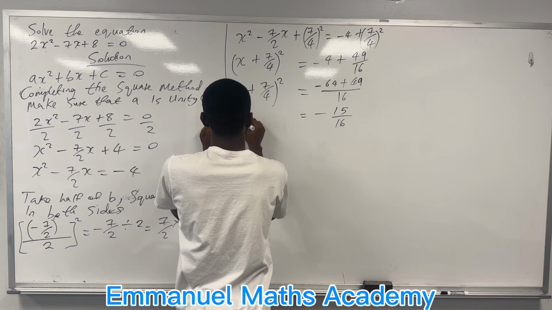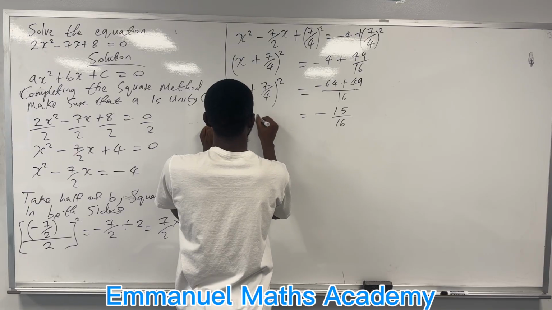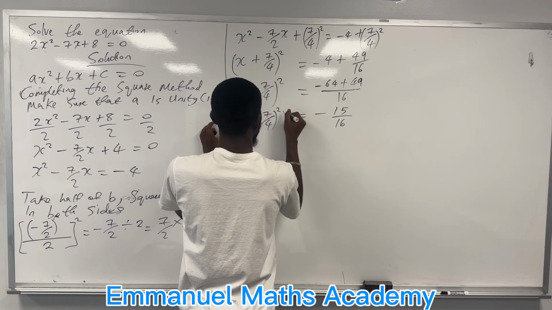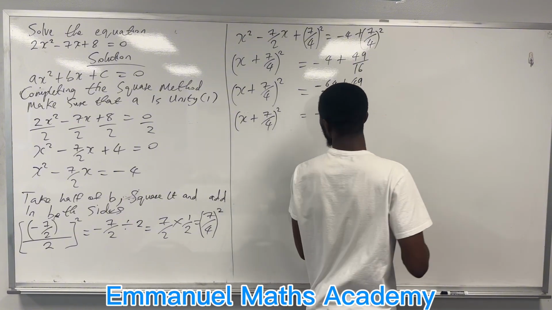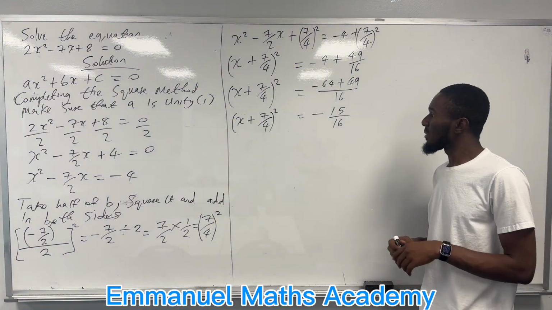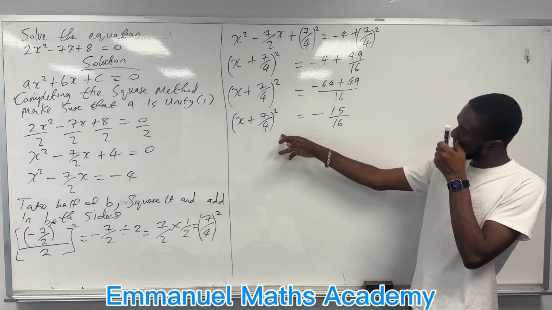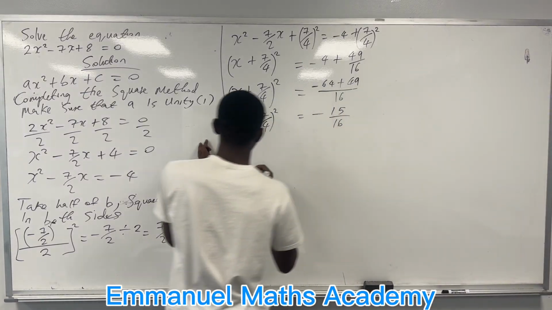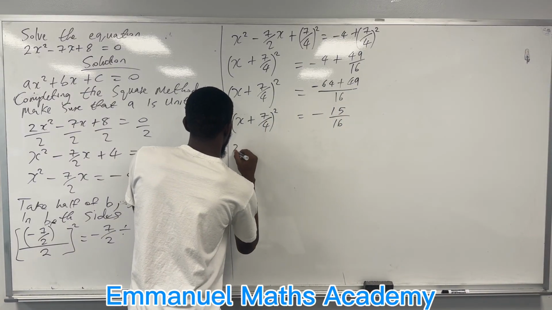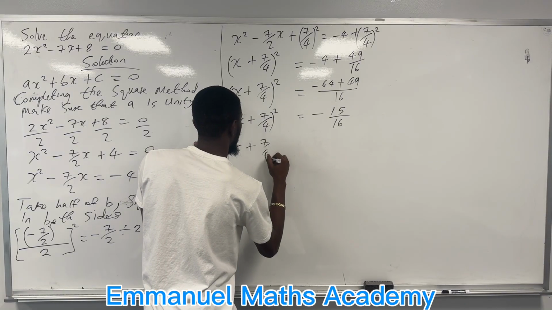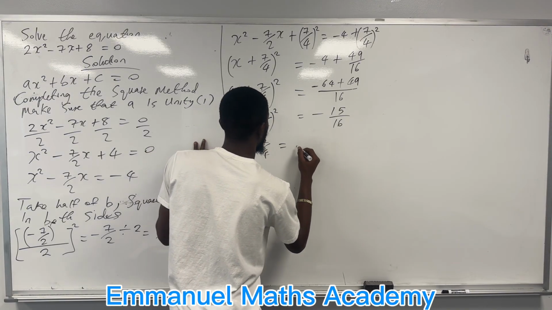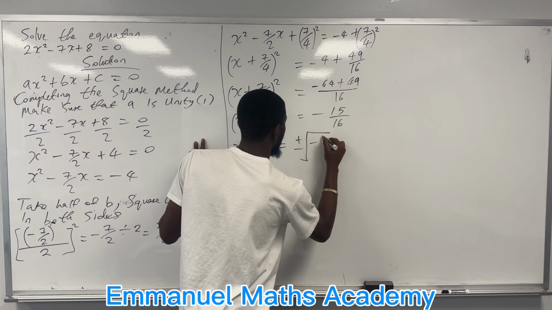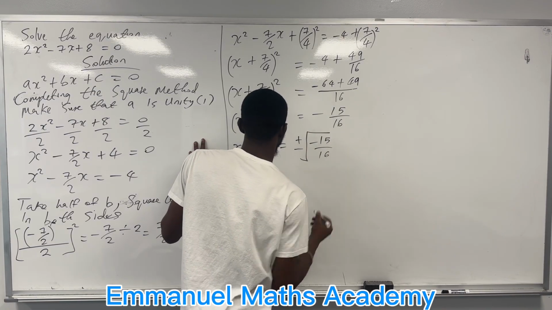Here we have x plus 7 over 4 all square. So from here now, since you have square here, to eliminate this square, you take square root of both sides. If you do that, we have x plus 7 over 4 equal to plus or minus square root of minus 15 over 16.